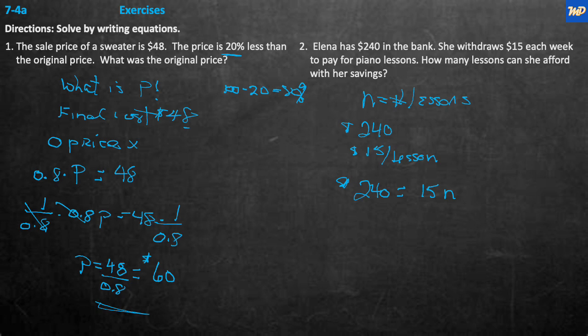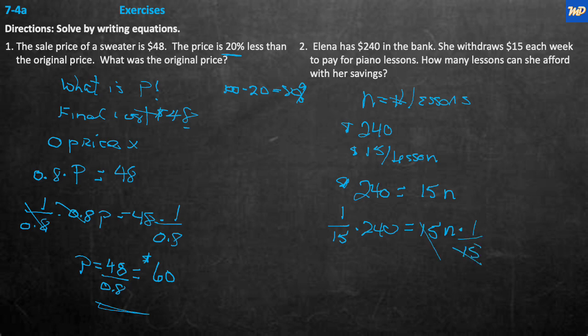In order to do it, we have to clear the coefficient of the n variable, which is 15. So that means we're going to divide both sides by 15. The reciprocal of 15 is 1 over 15. So we're going to multiply this side by 1 over 15 times 240. And that's going to be equal to 15n times 1 over 15.